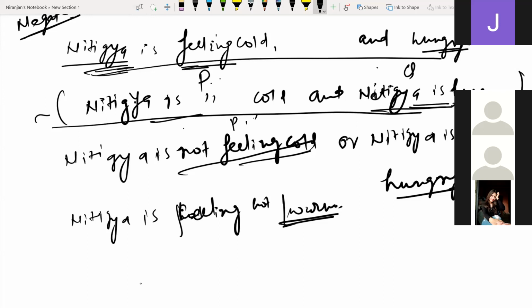P and Q. You take the negation, you get negation of P or negation of Q. Now negation of P is that Nitigya is not feeling cold or Nitigya is not hungry. That's your negation. That's the totally correct answer. There's nothing wrong here.